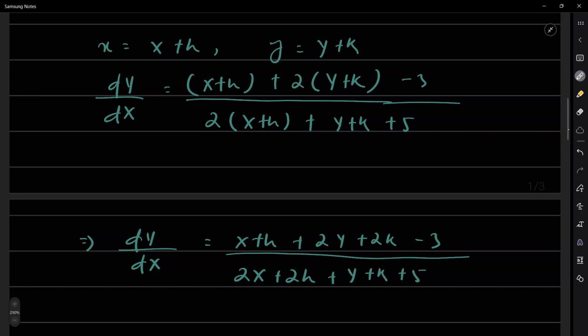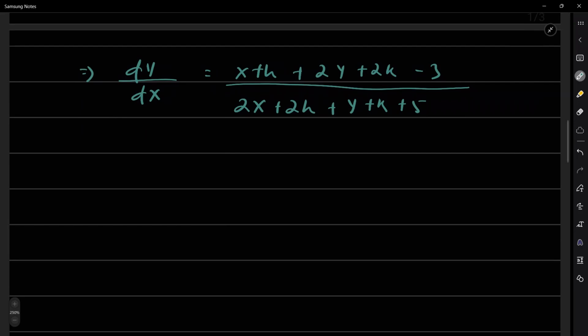Okay, we got this. Let's do one thing. X is a variable, y is a variable. So why not we separate them from the constants like h, 2k and 3. Okay, let's do that.